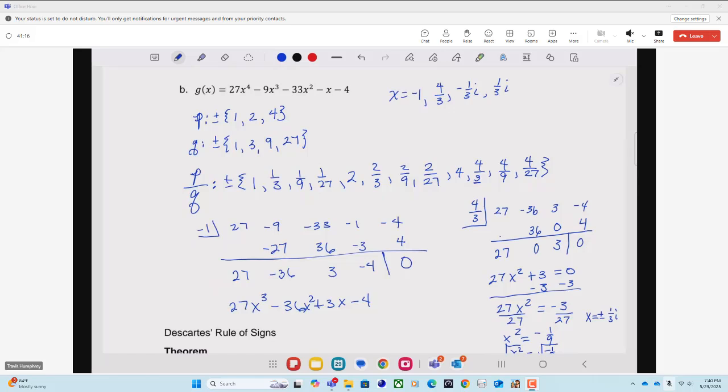You can graph this, find the zeros, as I'm sure you know how to do, but I want you to use that as a way to help you get started. So, find those places where it crosses the x-axis so you can simplify this down to find all the zeros.